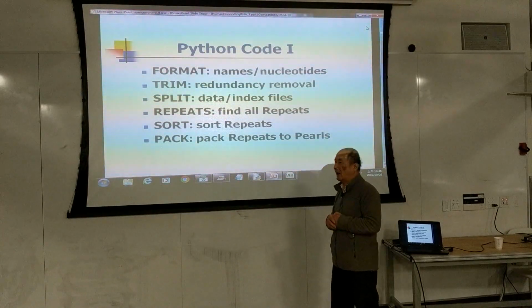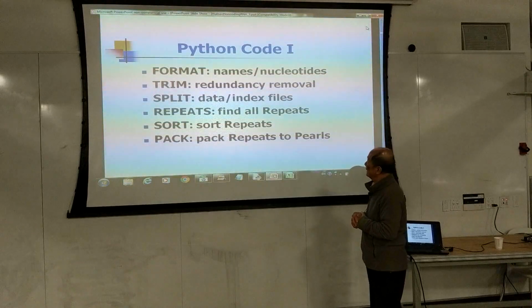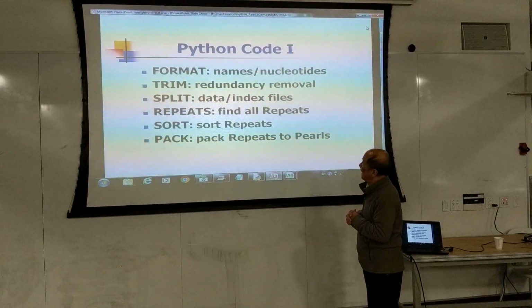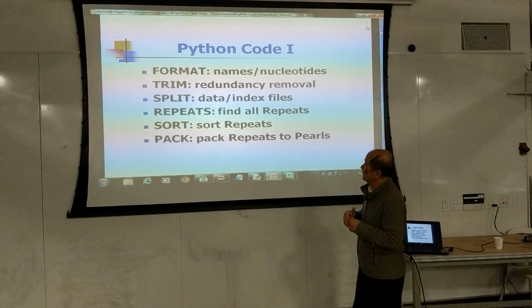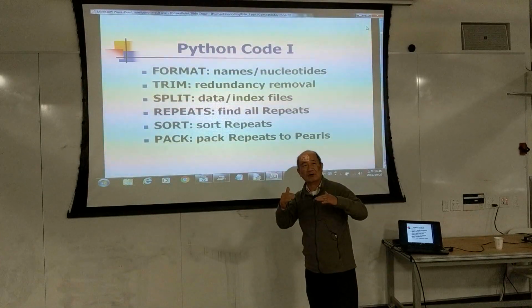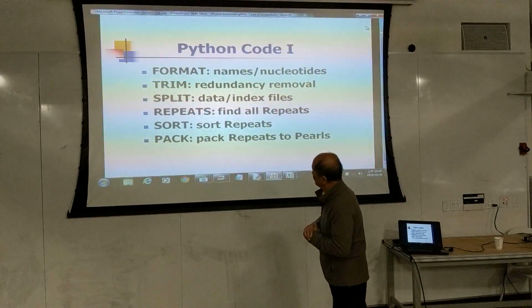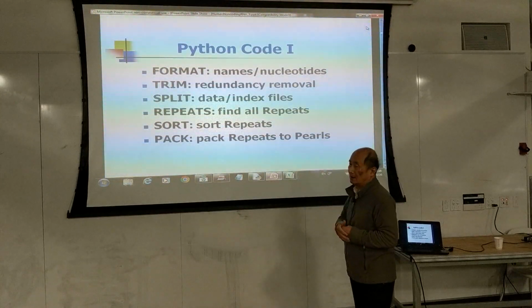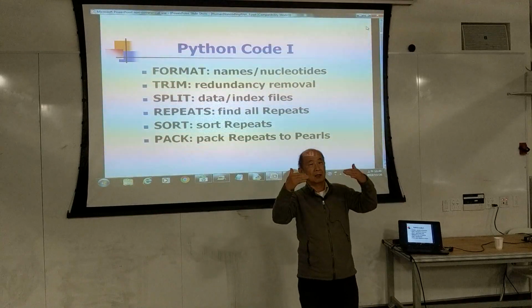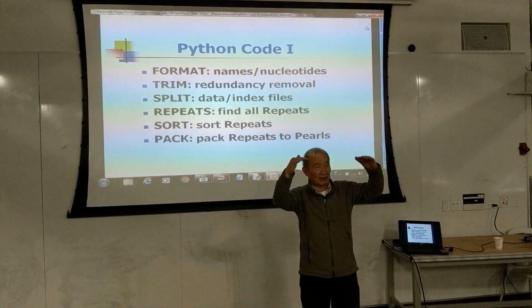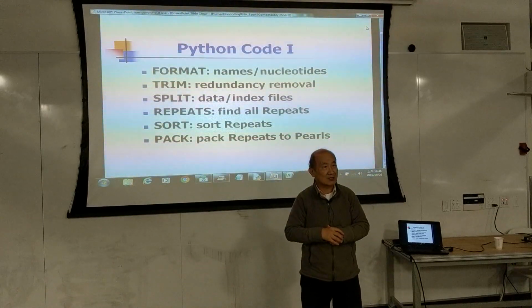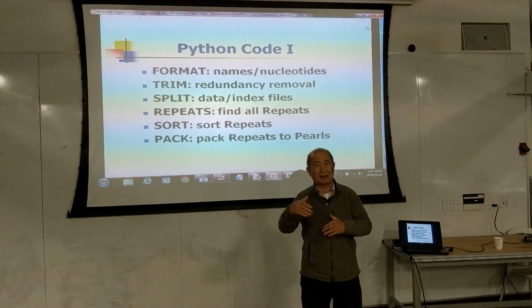And trim is mainly to remove redundancies. I will talk more about redundancy. But the most obvious one is when you have everything in a big list, you can tell either Excel or Python to find all the duplicates and remove them.